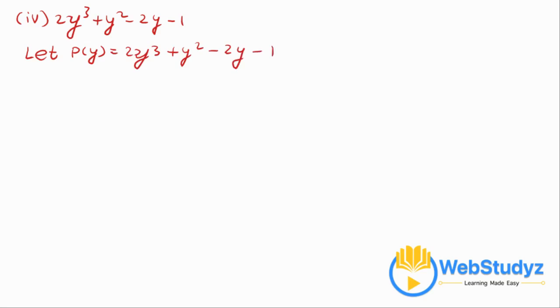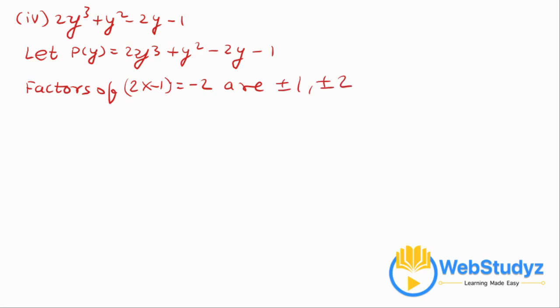So the factors of 2 into minus 1, that is minus 2, are plus minus 1 and plus minus 2.